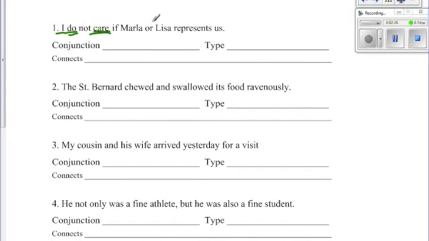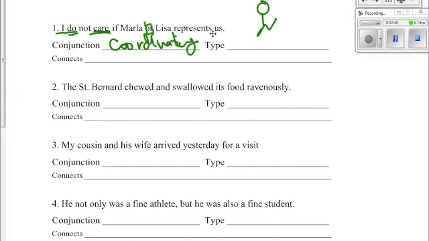Well, we learned in our correlative conjunctions that or is a conjunction, not correlative, I'm sorry, coordinating. Or stands by itself. It's almost standing on one foot because it doesn't need another conjunction. So what kind of conjunction is that? It's coordinating.